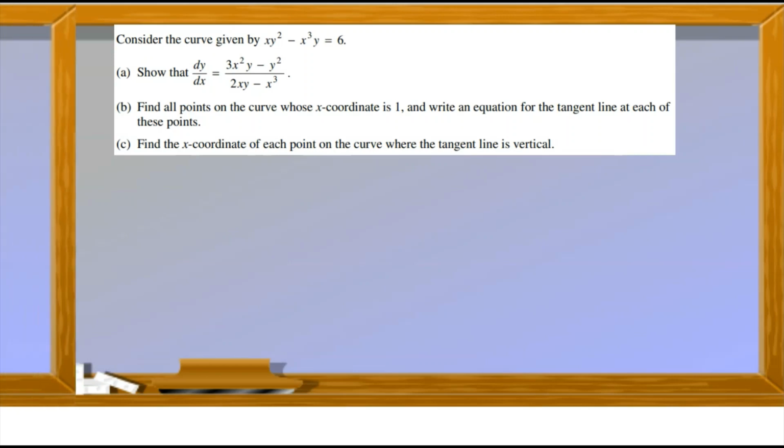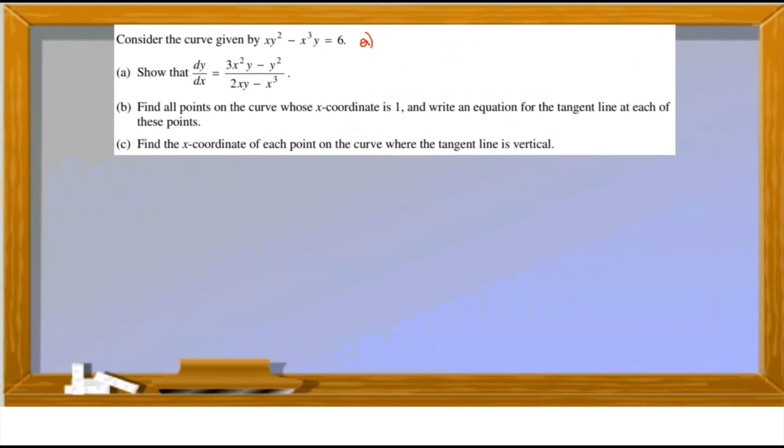So let's do it. In part A I'm going to implicitly differentiate each of these expressions. We get y squared plus 2y times x times dy over dx, minus 3x squared y, plus x cubed dy over dx.